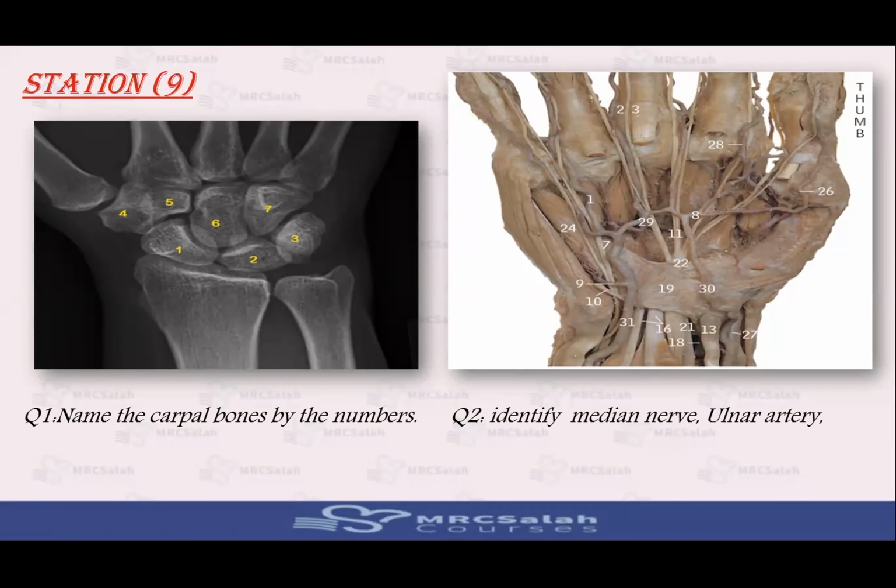Median is 21. Yes. 21, median. Okay. Dr. Yasmin, flexor retinaculum number? The 90. Okay. Ulnar artery number? Ulnar artery 31. Yes. Okay, superficial palmar arch? 29. Yes. Okay.